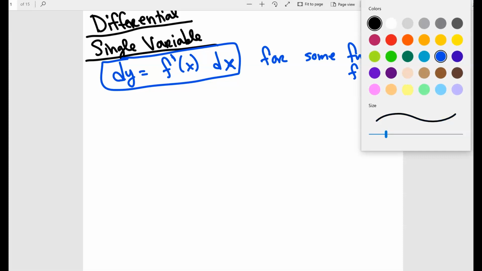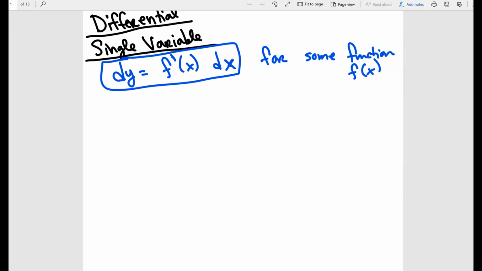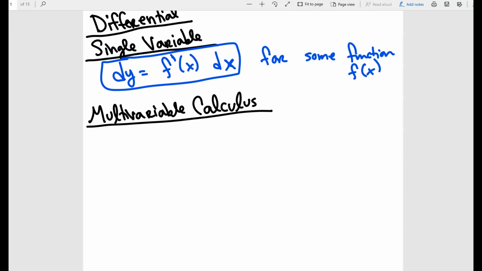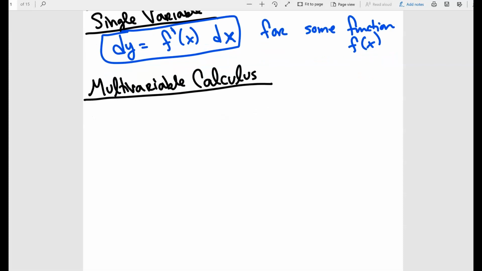So now, since we're in the multivariable calculus world, we have multivariables. We are going to define the differential with now a function f of x comma y. So now we have two variables. What will the differential be in this case? Well, it's basically the same thing.